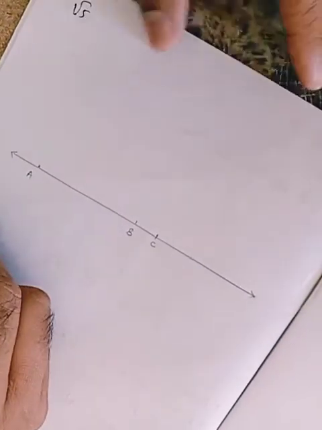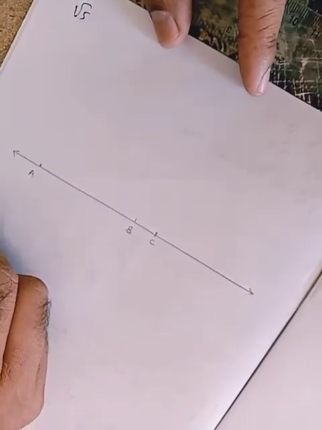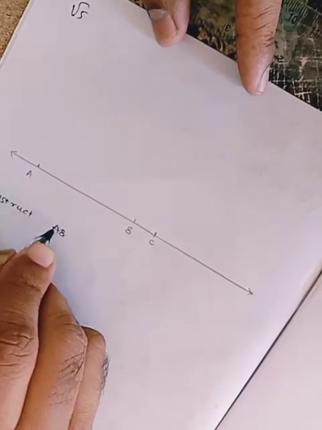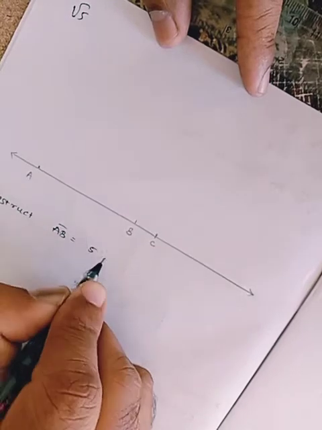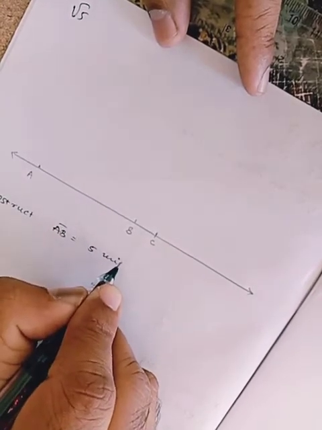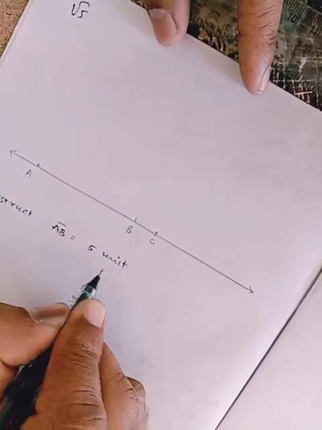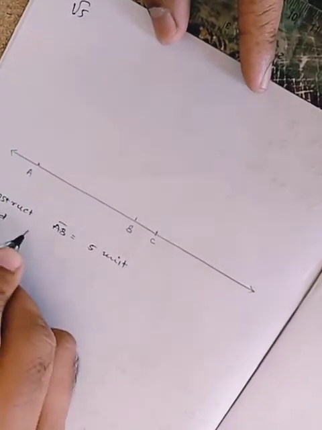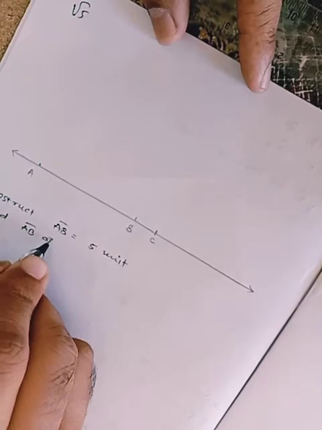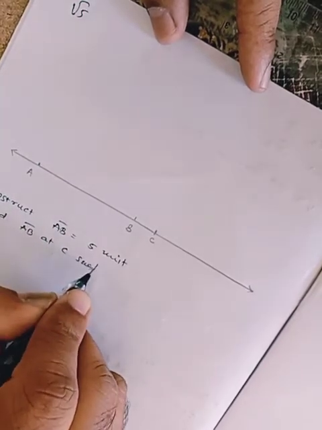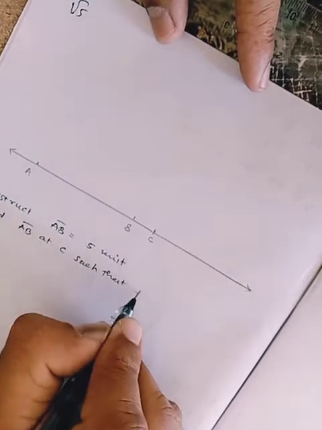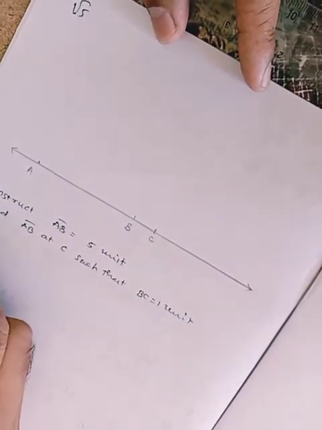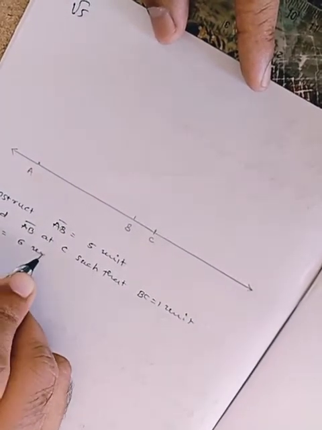So first we will write: construct AB equals 5 units, extend AB at C such that BC equals 1 unit, and so AC equals 6 units.